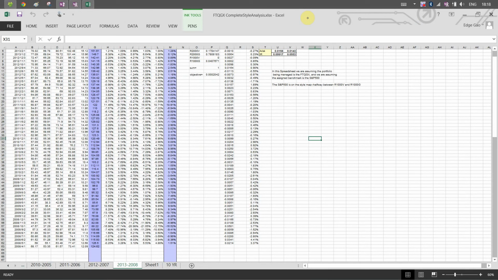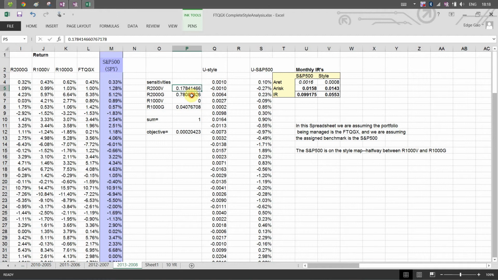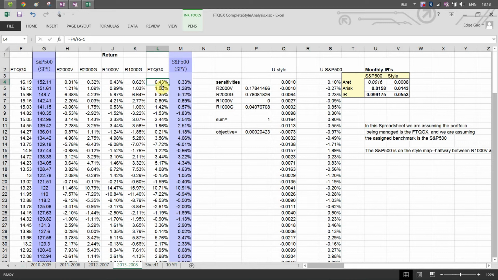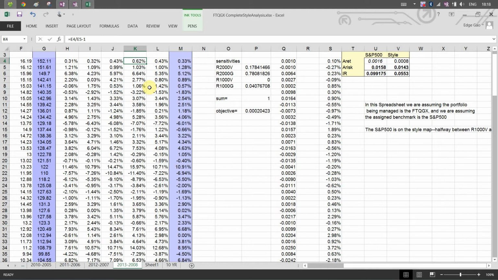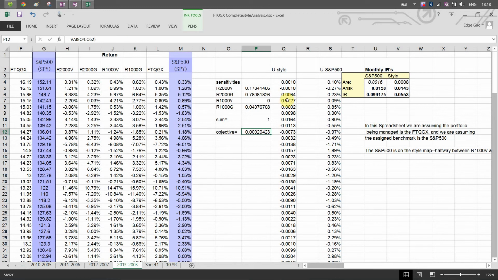Through adjusting the weights towards these four benchmarks, we want to lower the difference between the active manager's portfolio and the weighted four benchmarks, making the variance of this difference the minimal. This is a variance of the difference. Remember that. So right now we've got four weights, the minimal tracking error benchmark weights.